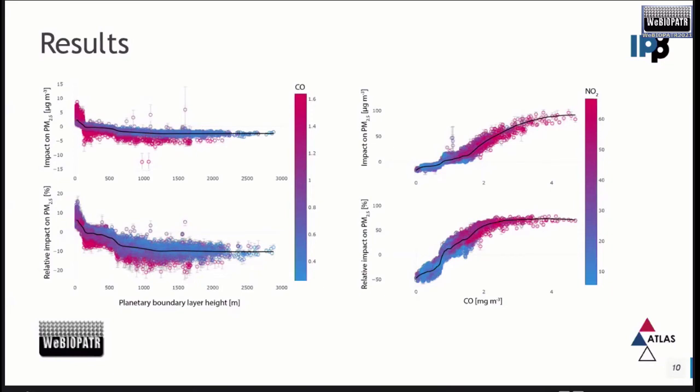Also, in the environment of low planetary boundary layer heights, the high concentrations of PM2.5 are followed by maximum concentrations of carbon monoxide, and it speaks to a common source of these two pollutants in the urban environment.